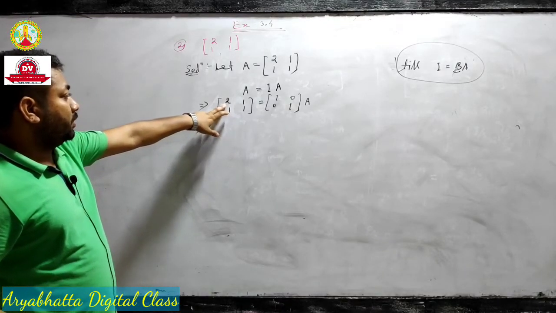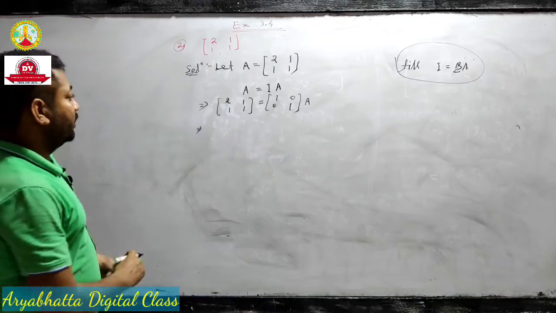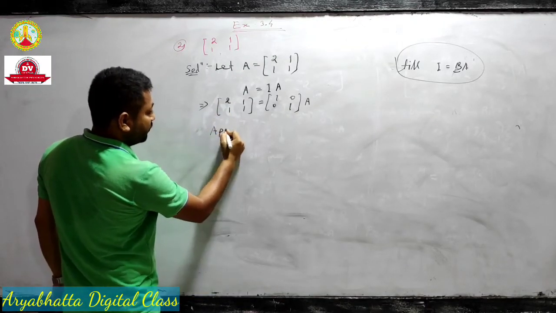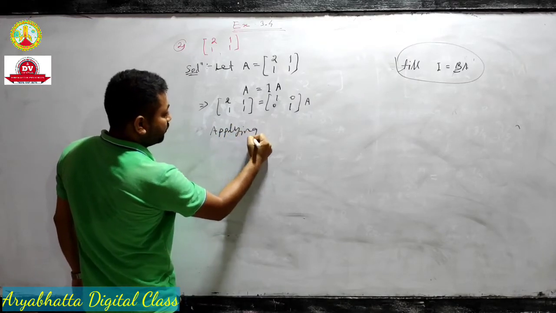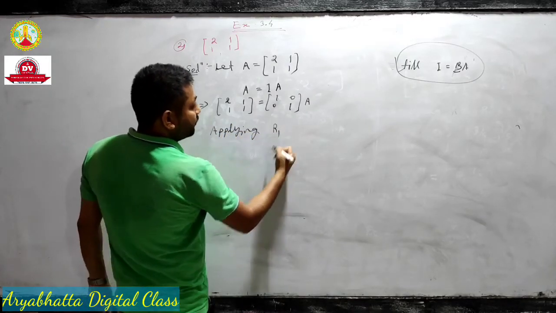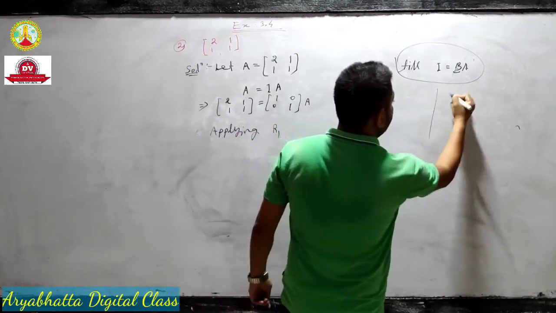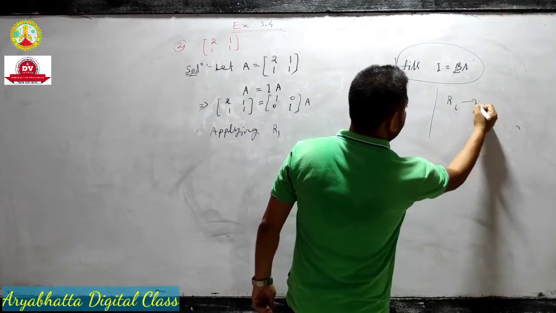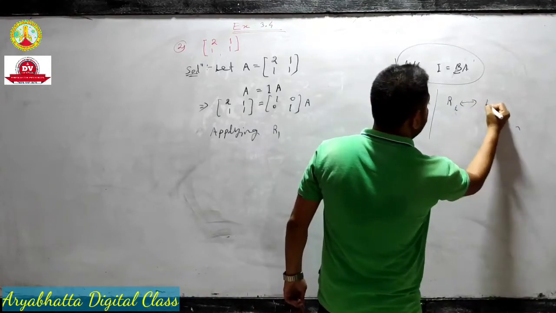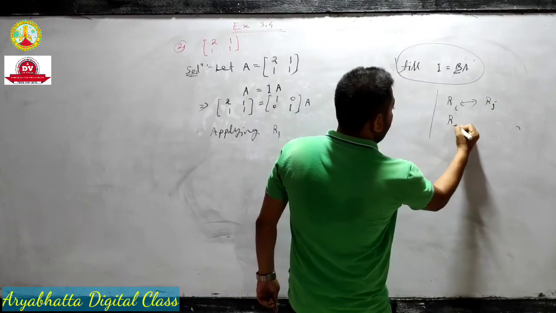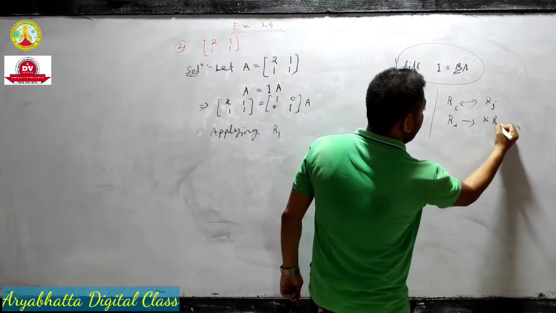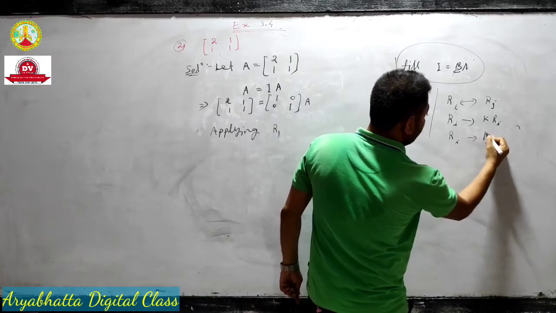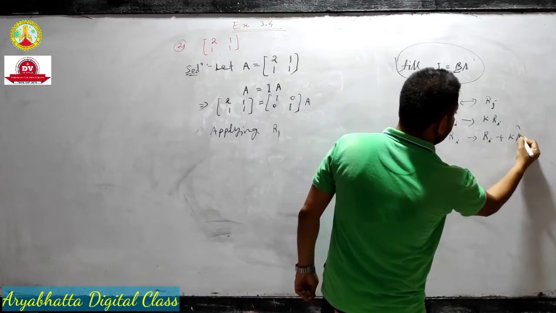For these elements to be equal to 1, we apply R1. The three row transformations are Ri interchange Rj, Ri tends to K into Ri, and Ri tends to Ri plus K into Rj.